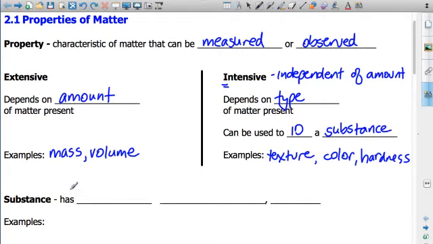A substance is defined as anything that has a composition that is uniform, or we could also say the composition is definite.